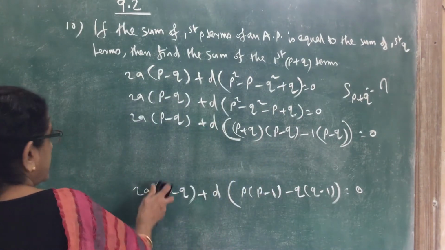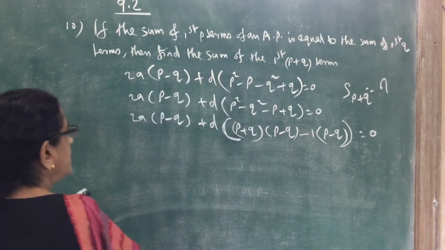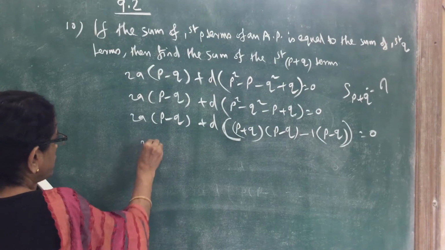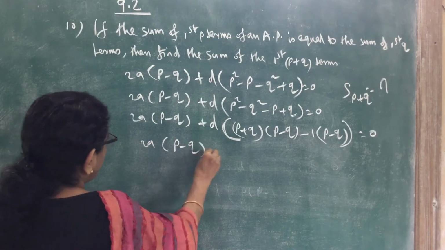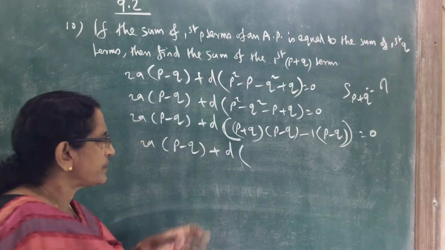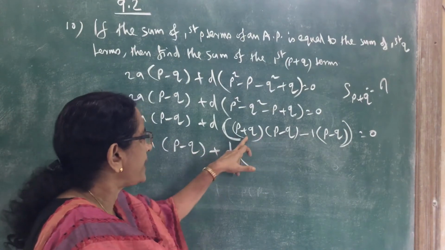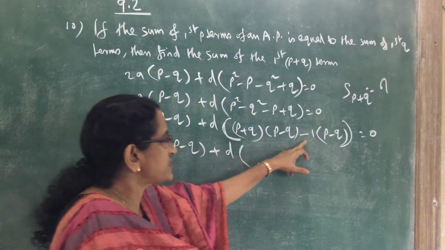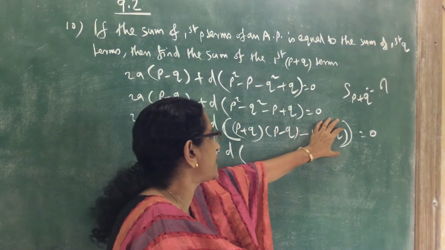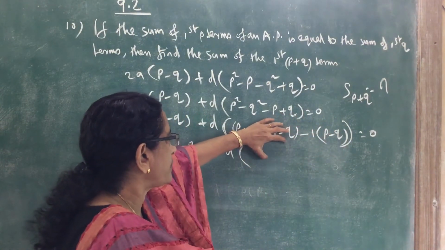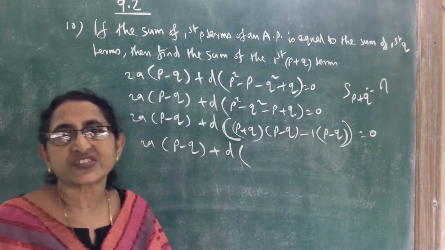Now again we can simplify. That is 2a into (p minus q) plus d into, first term is (p plus q) into (p minus q), minus 1 into (p minus q) is the second term. From these two terms, p minus q is a common factor.